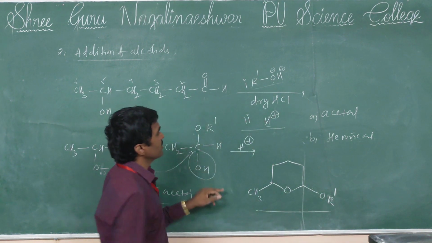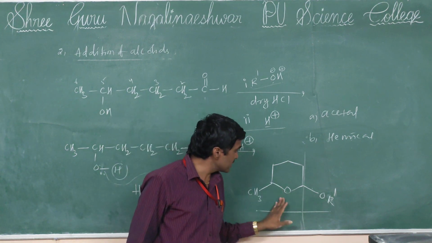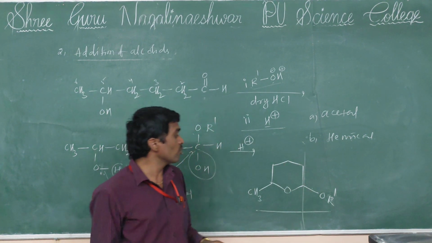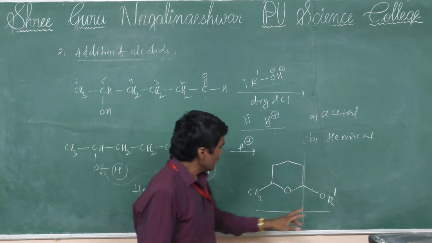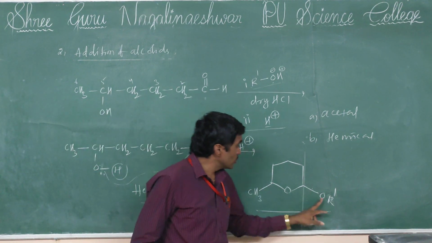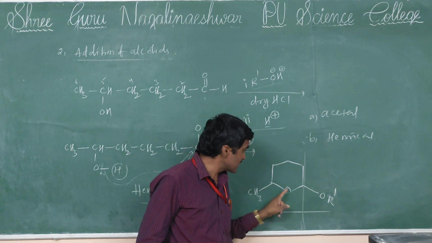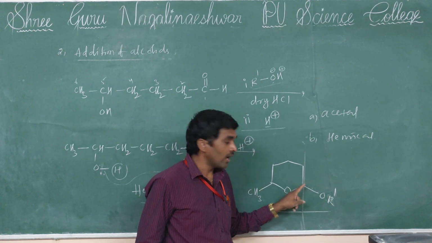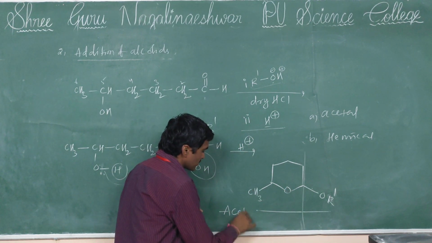This is the product formed after treatment with acid. Now tell me, is this acetal or hemiacetal? How can we recognize it? As I already told you, two alkoxy groups. This oxygen inside the ring is also an alkoxy group. This is the acetal product.